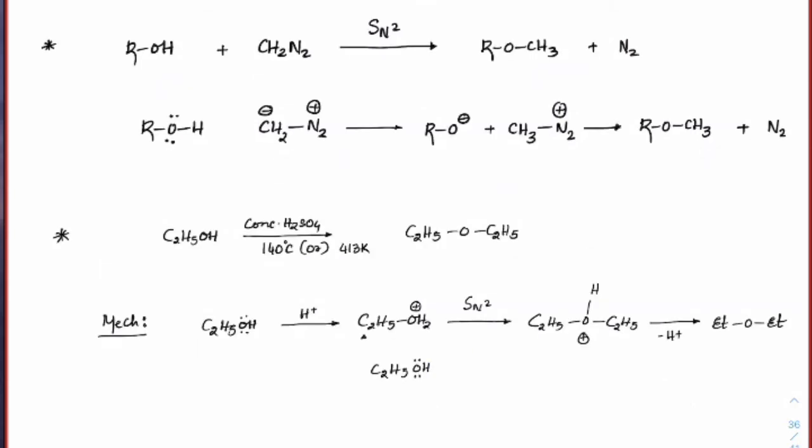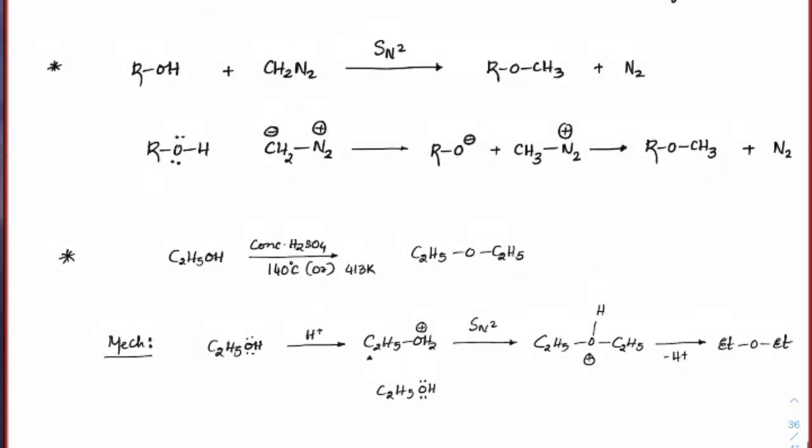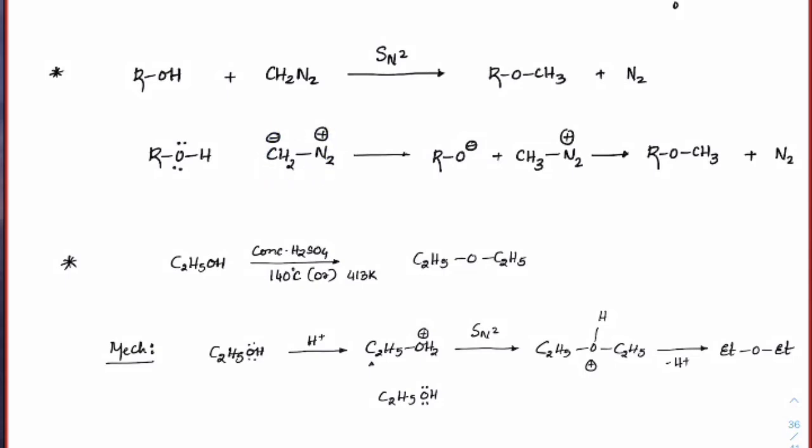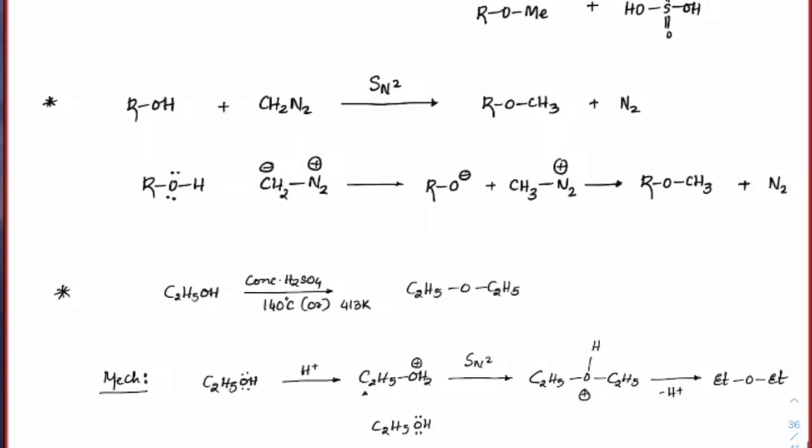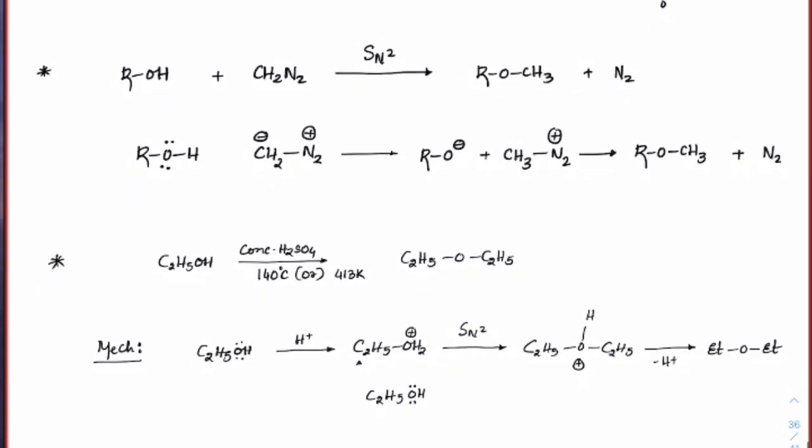If you take CH2N2, see, the structure of CH2N2 will be like this: CH2 minus and N2 plus. And then you treat that with alcohols, the same reaction can be seen. First, in CH2N2, the lone pair present on carbon will act like a base and extract this proton and create an alkoxide. So we can see first an alkoxide has been made.